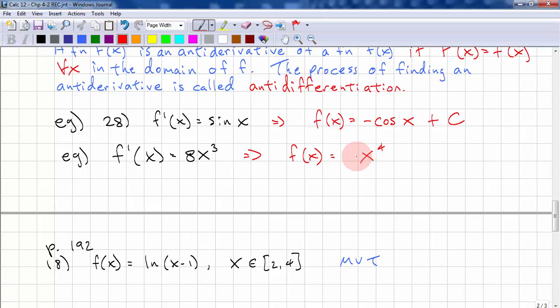Now, 4 times something must equal 8, and that's going to be 2. Are we done yet? No. We have to add the constant. So here we are working backwards on the power rule.